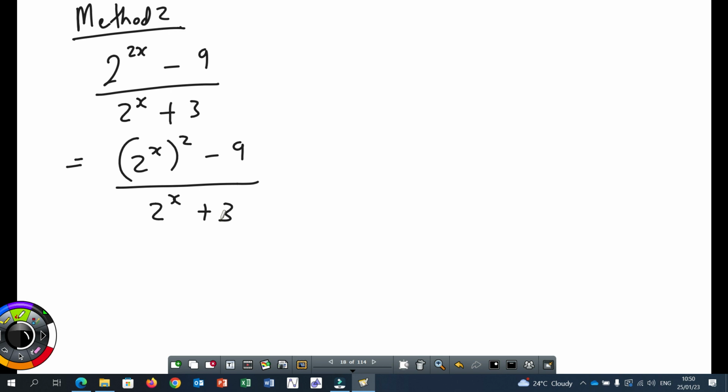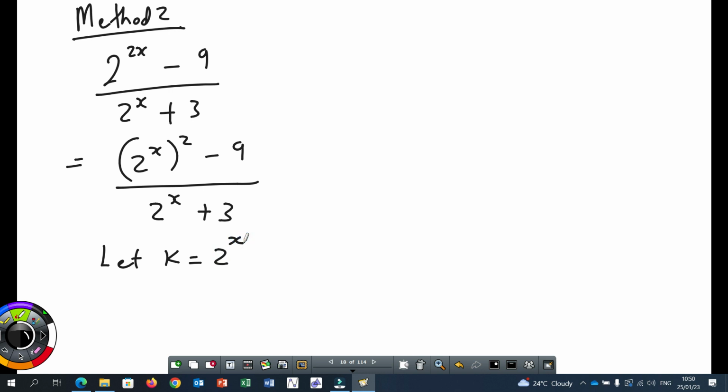exponents to your normal algebra, which you were taught from grade 9. So I can replace this 2 to the power of x by any other letter except x on the English alphabet. Generally in maths we use k, but you can use another letter. I'm going to use k so that you start getting used to the k method. So I'll say let k be equal to 2 to the power of x.